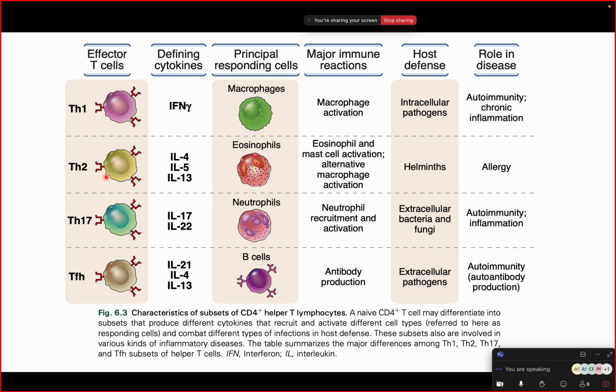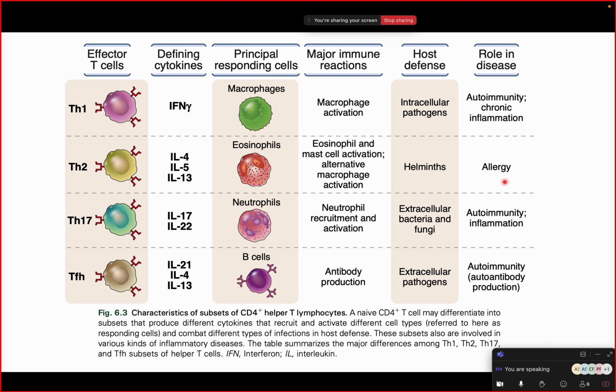Similarly, if we talk about TH2, the cytokines which define them are interleukin 4, interleukin 5, interleukin 13. Okay, they are majorly activated against helminths or parasites. Okay, and in allergy.